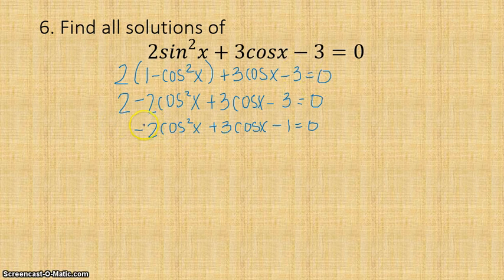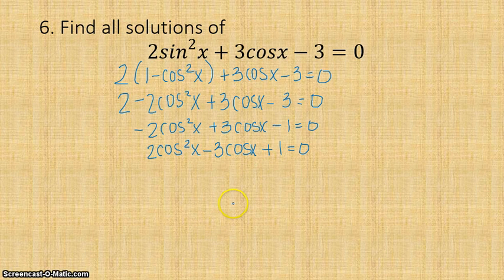When I'm looking to factor, I don't want a leading coefficient that's negative, so I can either think of adding everything over to the other side or multiply the entire equation by negative 1. But either way, all of my signs are going to change, because you do not want a negative out front when you are factoring. You just want it all to be positive. It's going to make it a whole lot easier.